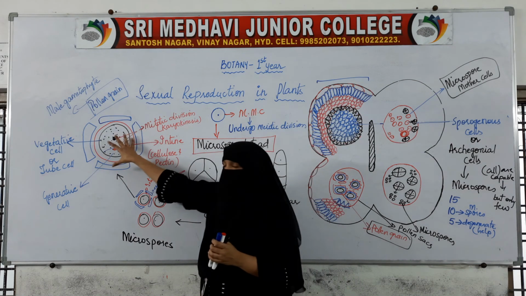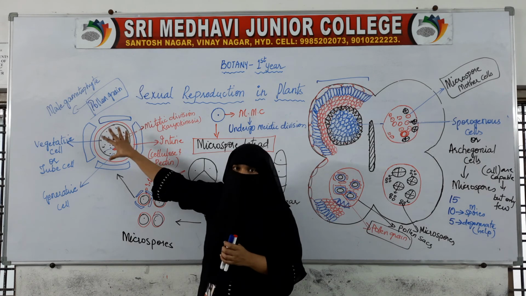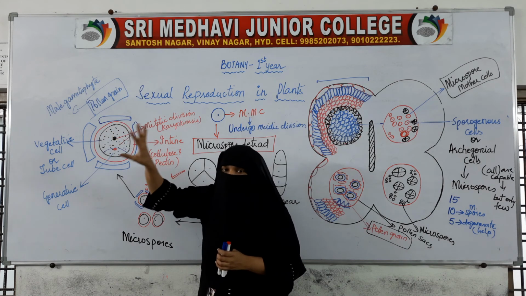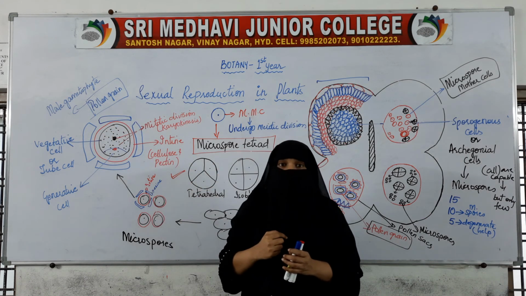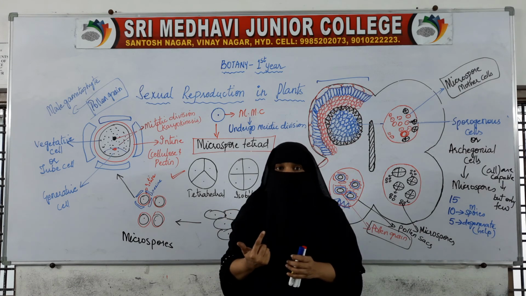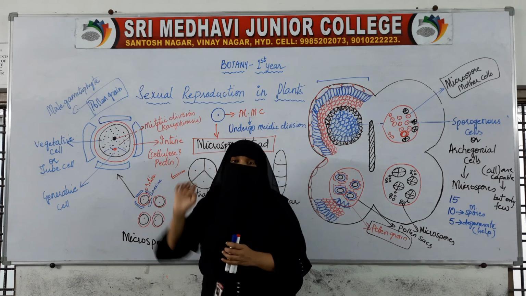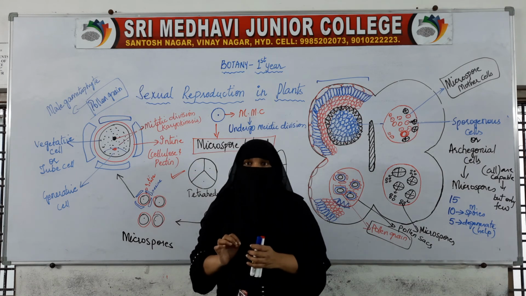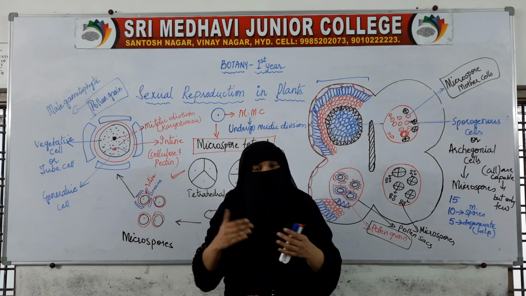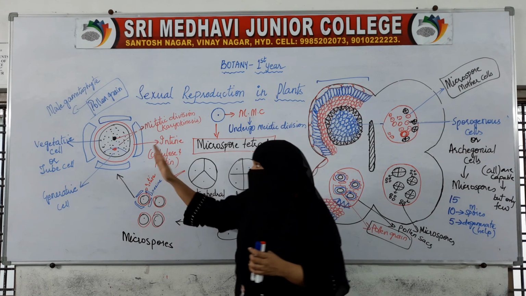So the pollen grain is the male gametophyte, the structure which helps in the formation of male gametes. Which structure forms male gametes? The pollen grain is the structure which forms male gametes. How male gametes are formed, we will see in the next video, a continuation of this.